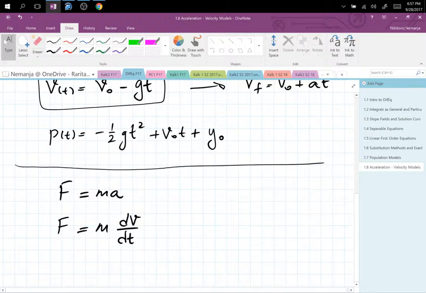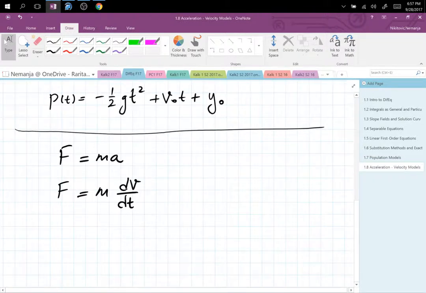The free fall in ideal conditions, which in physics classes you always do, you drop an object and you don't consider air resistance, which is a problem, right?